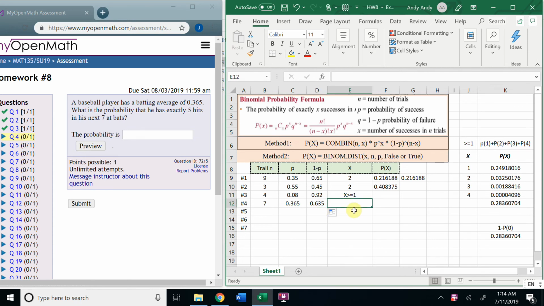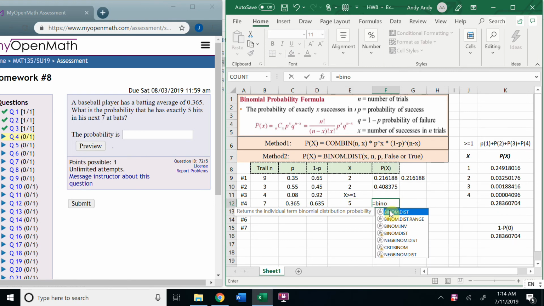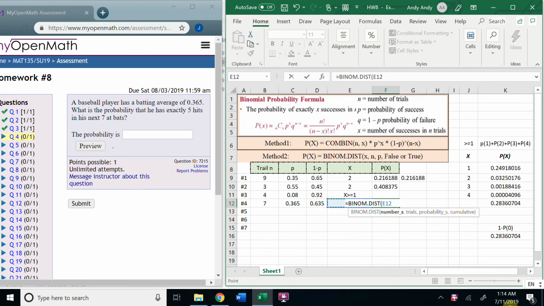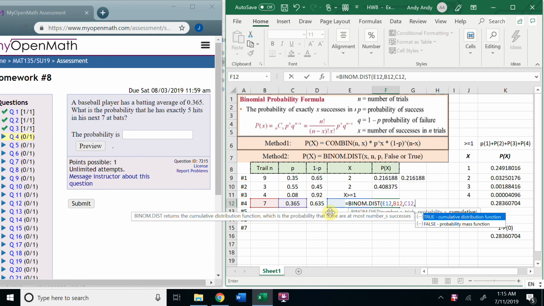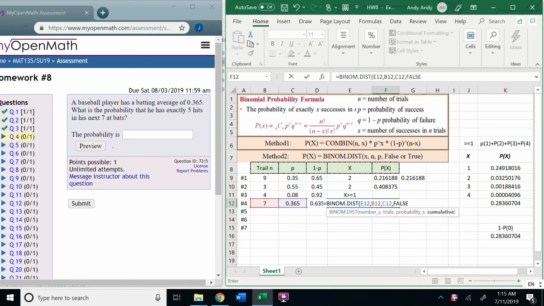Here x is 5. And we need to get the binomial probability, with 5, n 7, probability 0.365, and choose false. So this is the answer.